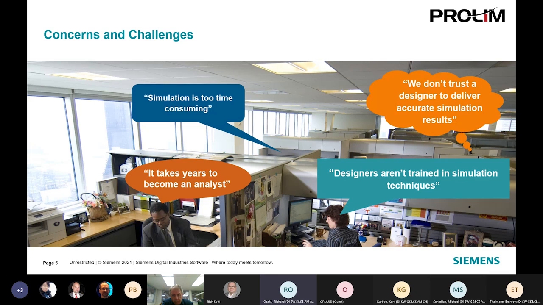This is something we've heard a lot in the past, and I really strongly believe that our tools can address a lot of these problems and get designers to do, not the very high level simulations, but really run of the mill part and sub-assembly type simulations. It really isn't a big deal any longer.